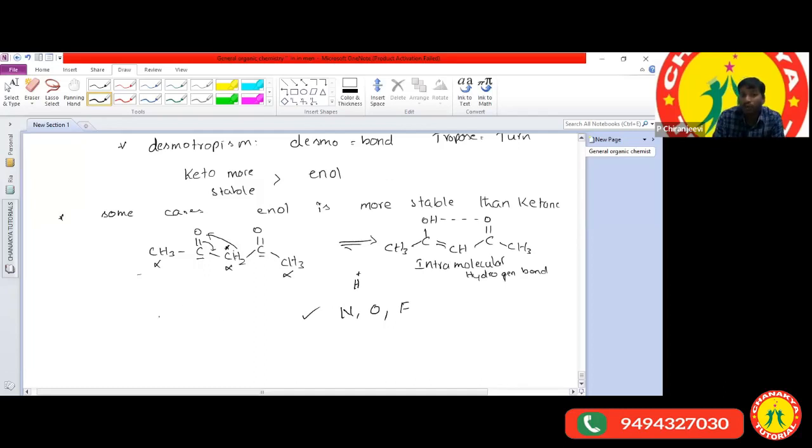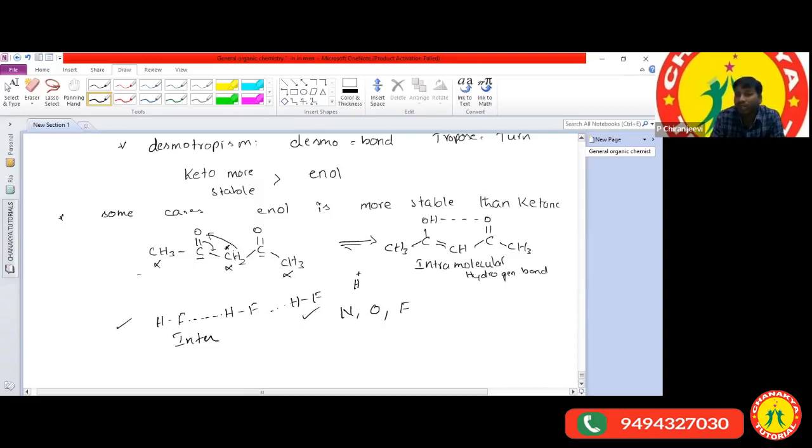For example, take 2 moles of hydrogen fluoride. The bond between the fluorine and hydrogen of the two molecules is intermolecular. If the number of molecules increases, the number of hydrogen bonds increases. This we call inter, and this we call intra. Intra means within a molecule.